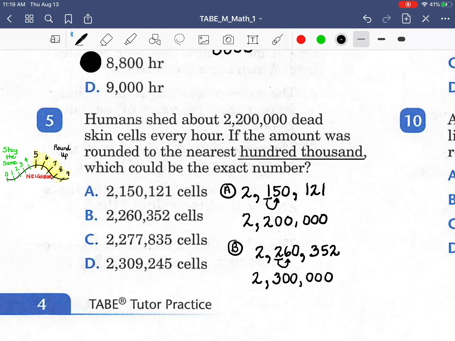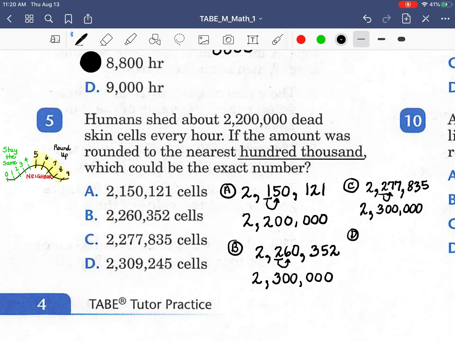Okay, C is 2,277,835. Neighbor says round up. So I'm left with 2,300,000.